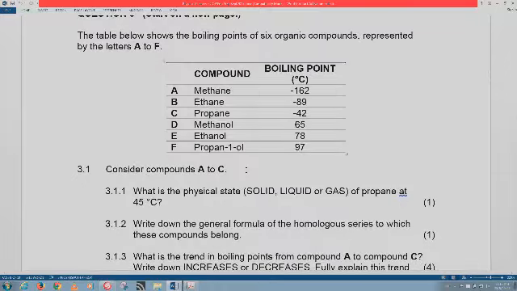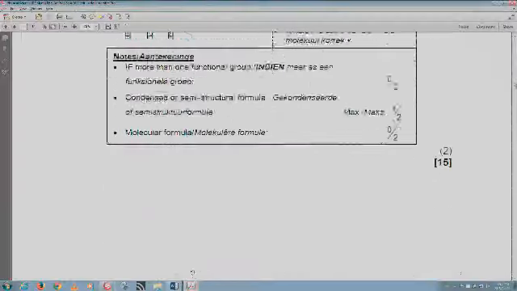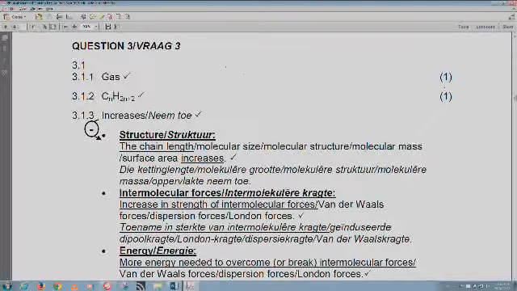Now, 3.1 says, consider compounds A to C. 3.1.1, what is the physical state? The learner must choose either solid, liquid, or gas of propane at 45 degrees Celsius. Now, the answer that is expected there is a gas. So 1 mark for the gas, and you put a tick there.